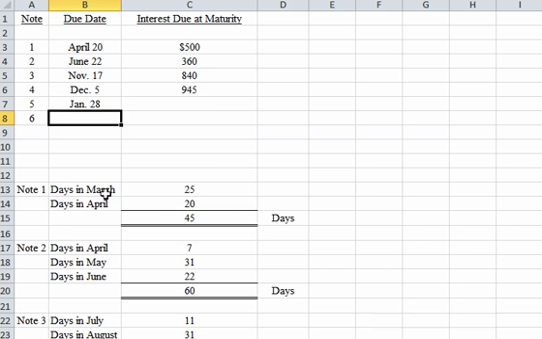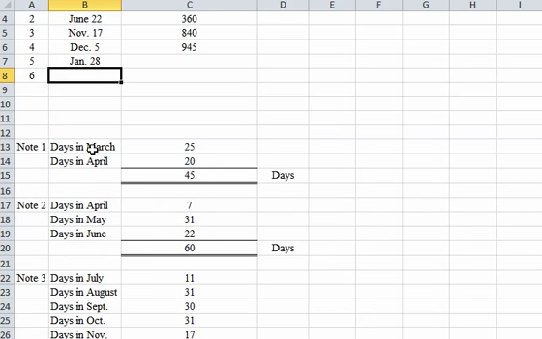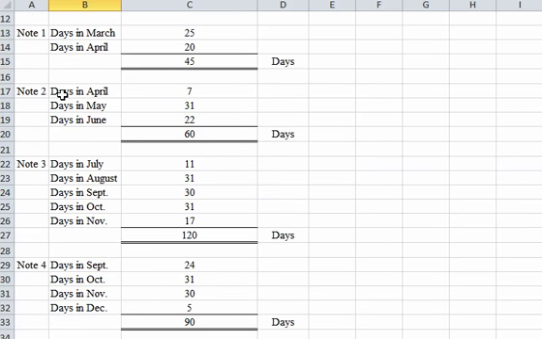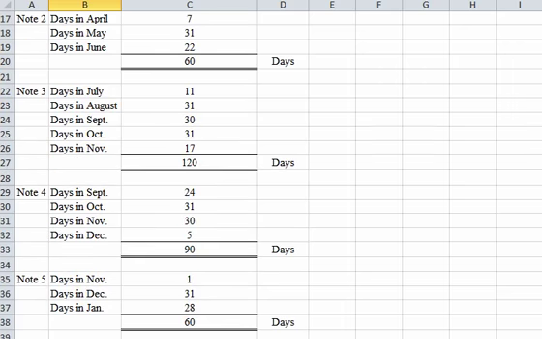Let me point out something else on note 5, you guys, how it's a little different. Remember, this business, they don't specifically say that, but this business uses the calendar year, January 1st to December 31st, as their business or fiscal year. So notice with note 1, it began in March, ended in April. Note 2 began in April, ended in June.